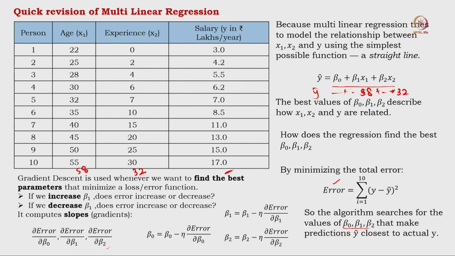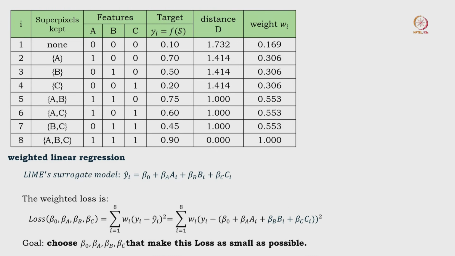Now, how is this connected? Going back to the line, we have calculated the distances and the weights. This is now passed to weighted linear regression. Can you see the difference with the word weighted? There is a weight multiplied with the error term.